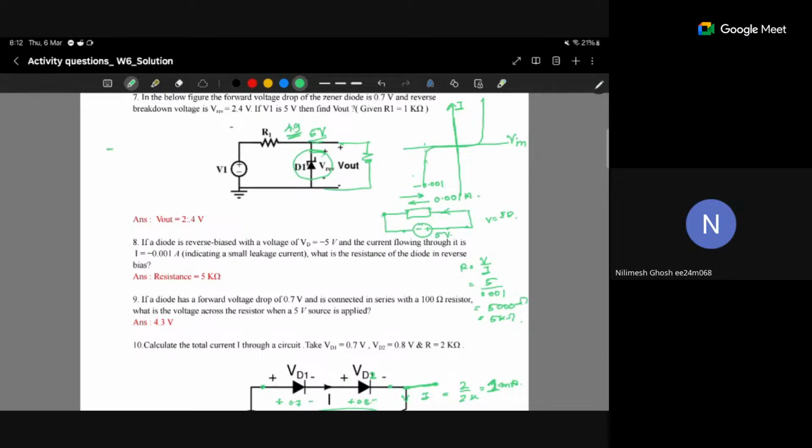After 5 volt, it will not allow the greater voltage here. But why do I need this? Because if the rating of this load is 5 volt, and we allow a voltage greater than 5 volt to pass through the load resistance, then the load can be damaged. That's why we are not allowing the voltage to pass through the RL.